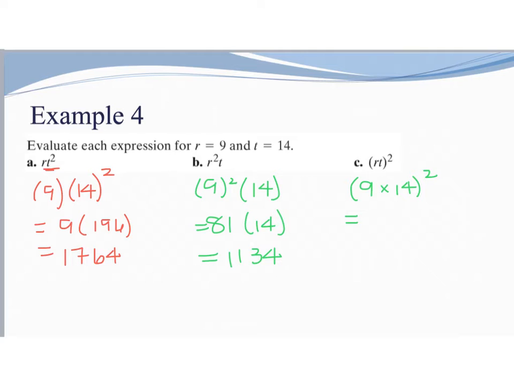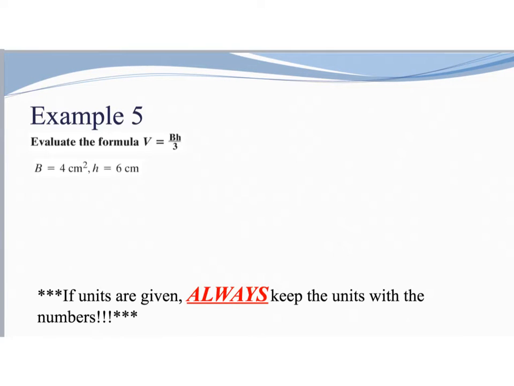So 9 times 14 is going to give me 126, and then I square that, and when I square that, I end up with 15,876.